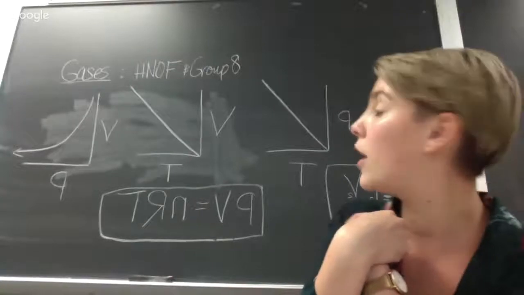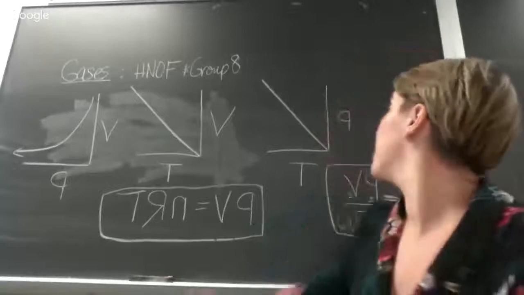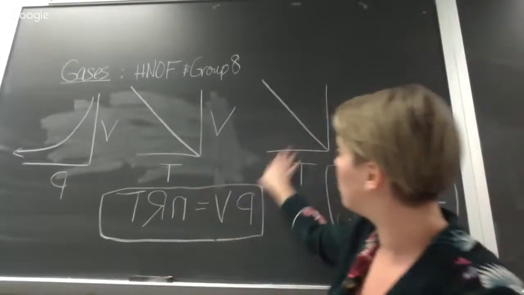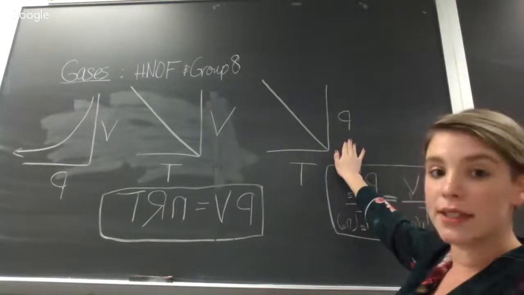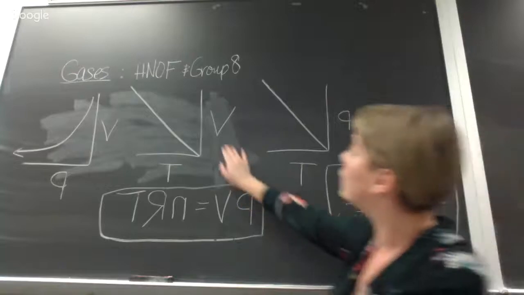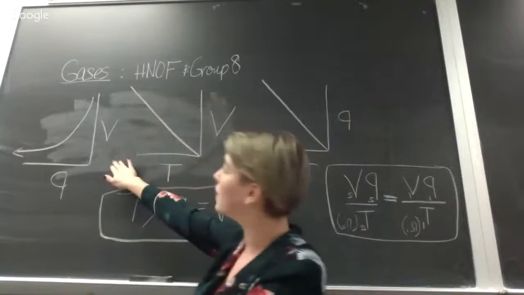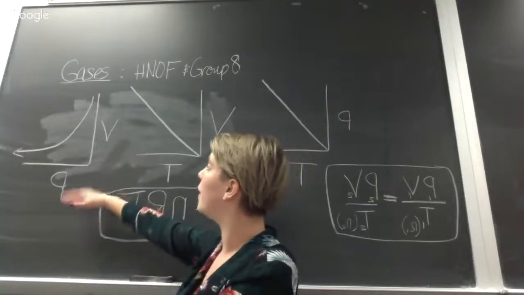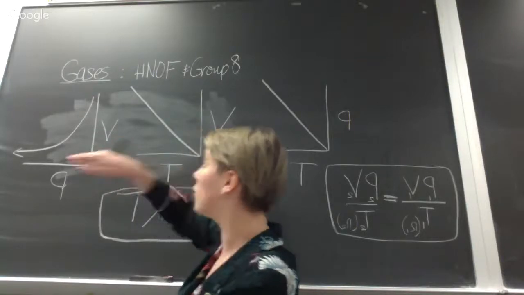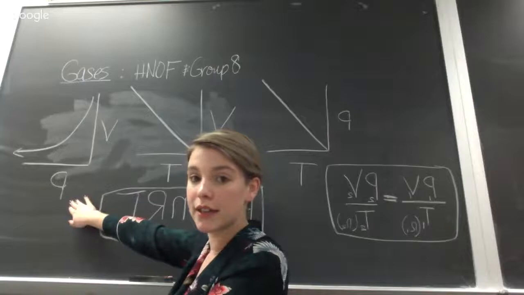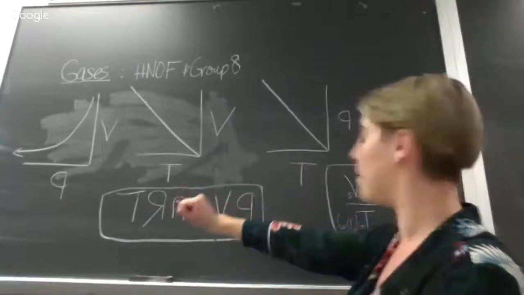Also, for all the other special cases, this is what you want to know. It works for this too, but you have to know that as pressure increases, temperature increases. As volume increases, temperature increases. Now, this is one of them that's actually different. As the volume increases, pressure decreases.